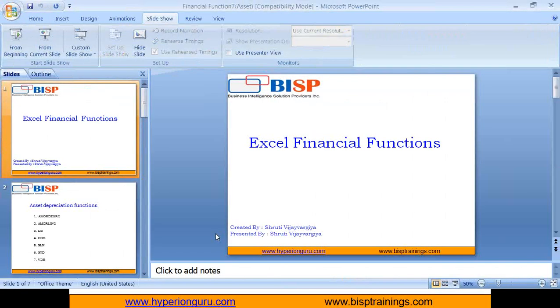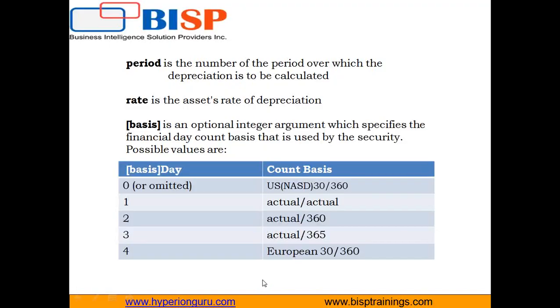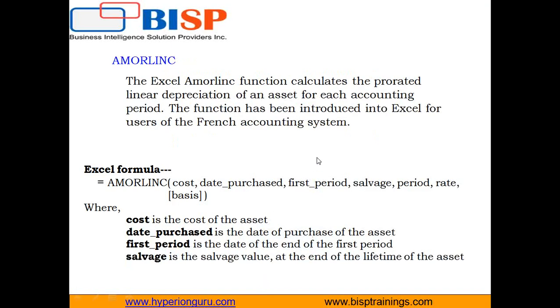The next function I am talking about is the AMORLINC function. This function is used for calculating depreciation for each accounting period.